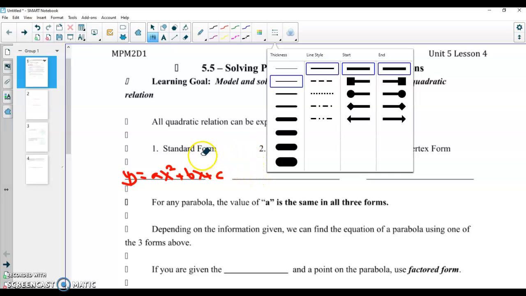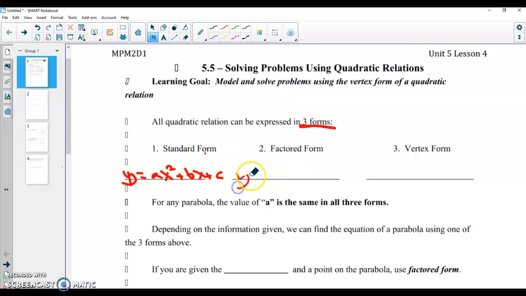We also saw the factored form, where y is equal to a in the front here, open your brackets, x minus s, x minus r, where s and r can be your zeros. And then we also saw the vertex form, where y is equal to a, open brackets, x minus h squared plus k, where the h and k can help you find your vertex.